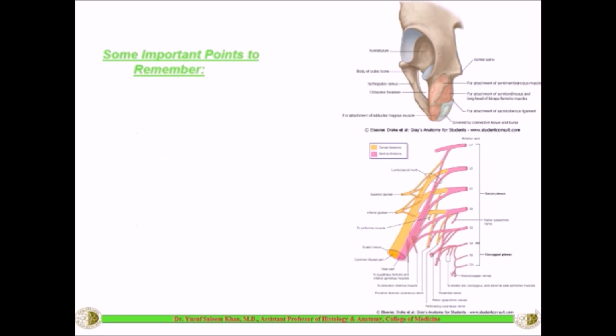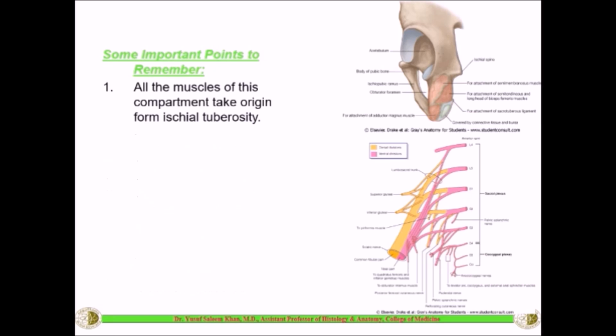Before we study these muscles in detail, some important points to remember, which are common to all three. One is that all the muscles of this compartment take origin from the ischial tuberosity. This is the hip bone or innominate bone, this is the ilium, this is the pubis, and this is the ischium. There is a prominent part here called the ischial tuberosity.